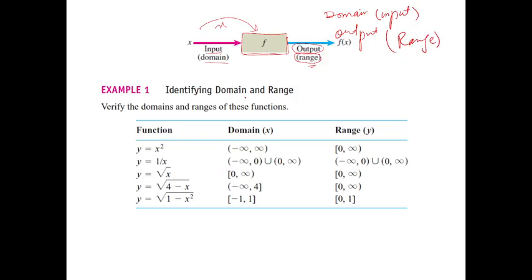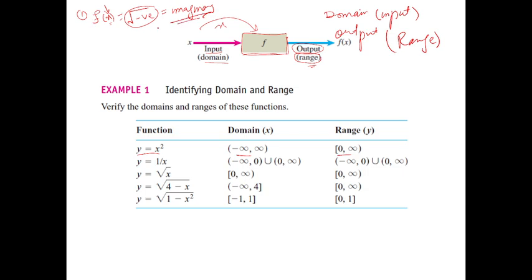Okay, so coming to this example, to find the domain and range, remember these two conditions. When you replace the values of x in the function, there should never be a negative value inside the square root, because this will give you an imaginary result.